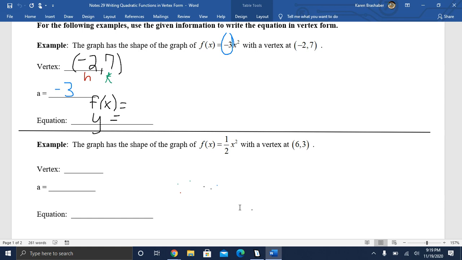And then you'll have your a value. So whatever is given to you, in this case, it's -3. Then you're going to have your parentheses, and it's x. And then since our h was a -2, remember that we use the opposite sign. So we want to put in +2. And remember to square that.